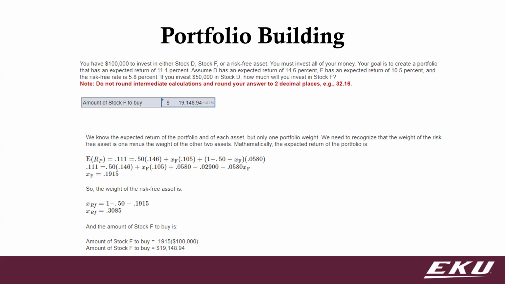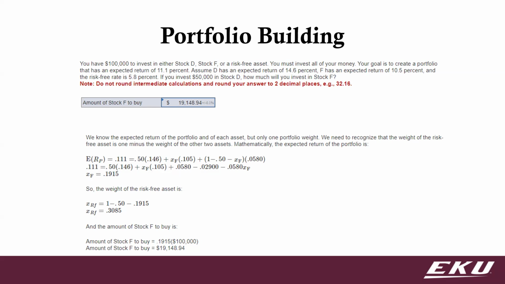You just do all of that math, and then we get that the amount would be 0.1915. Excuse me. And then we know what the risk-free asset is, that the remainder is 0.3085. But they're just asking us how much to buy.